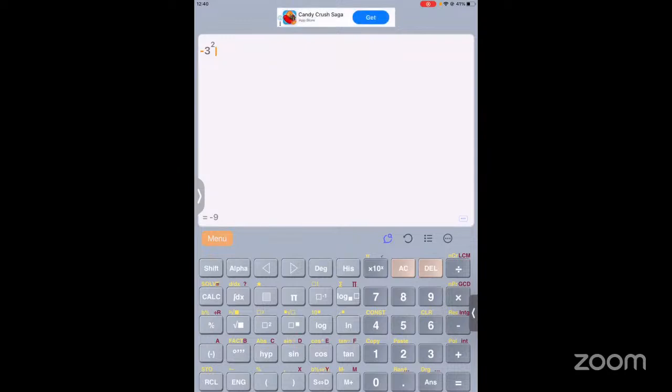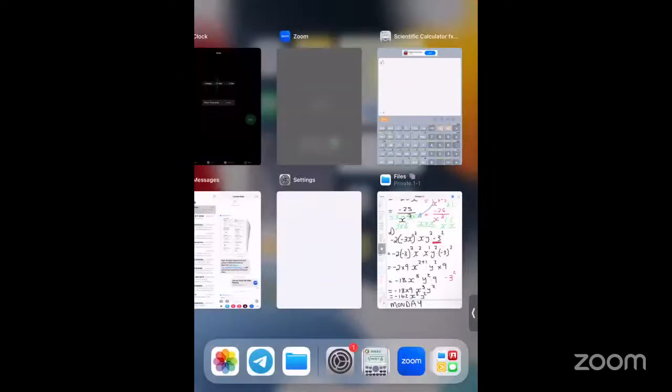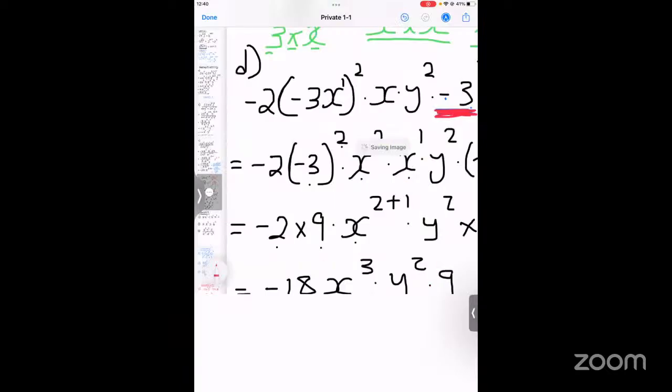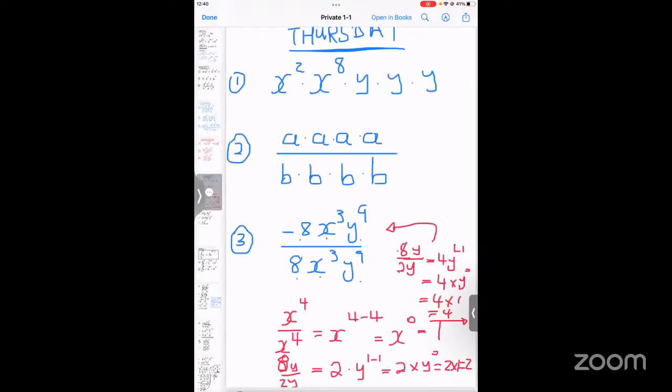Yes, I can see. It gives us negative 9. So that means I've done it incorrectly there. Now we need to correct it. So everywhere we were having 9, we put negative 9. I hope this one comes out.